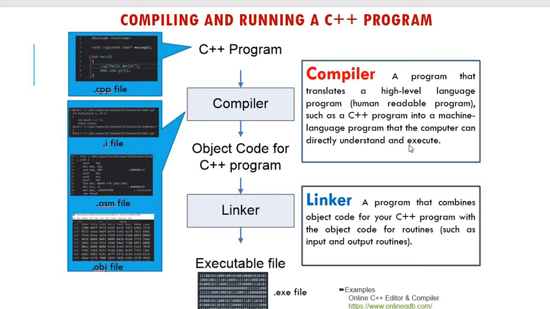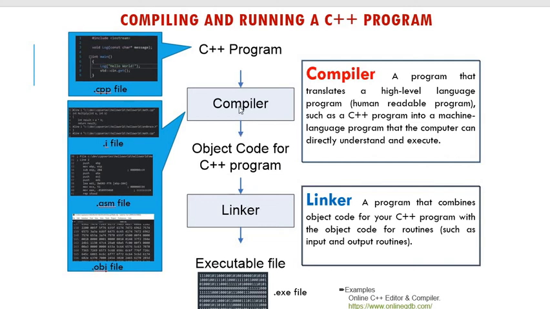The computer only understands machine code, or machine language. So we need a middle party, a compiler, to translate the high-level language into machine code, so that the computer can understand and execute the program.